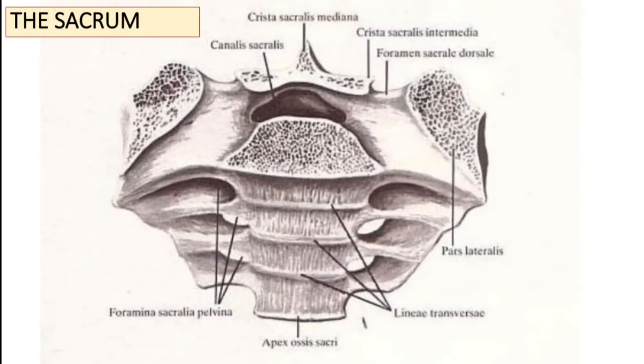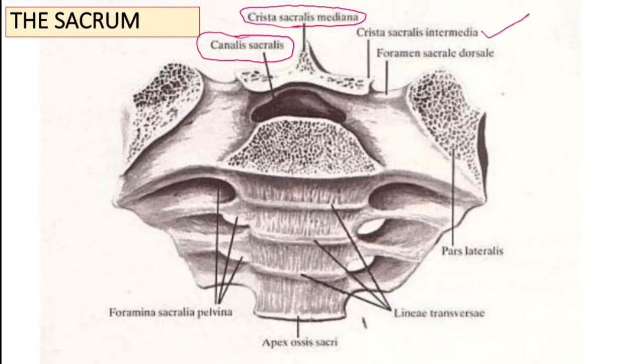This is another view, an anterior view, but sliced, let's say at the second sacral vertebra. In this case, we can clearly see this canal, canalis sacralis. You can see on the back the crista sacralis mediana, which is formed as a result of fusion of the spinous processes.